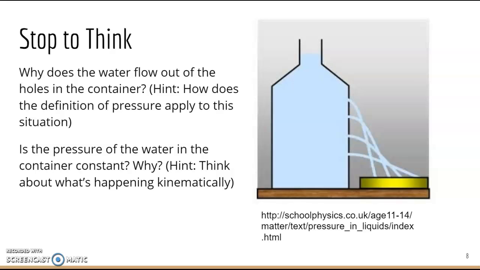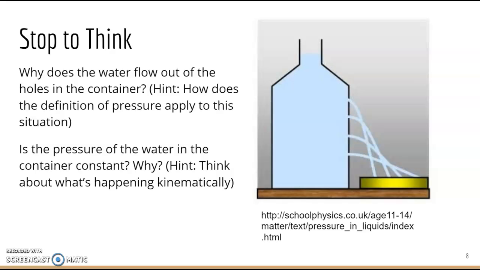All right, so the pressure here is not constant, right? In fact, we can analyze this and see that the pressure is increasing as we go lower in the container of water. We can see this because we're looking at those punctures. We see that the bottommost hole has the water shooting the furthest.